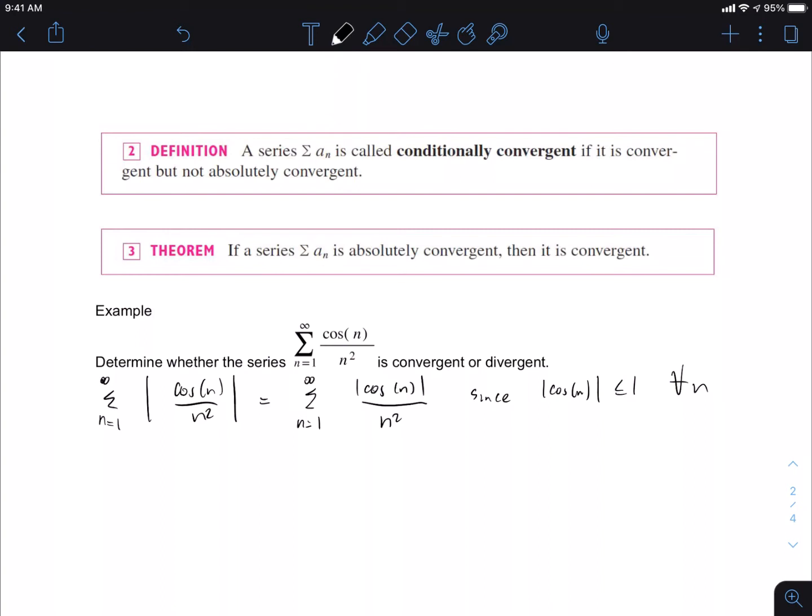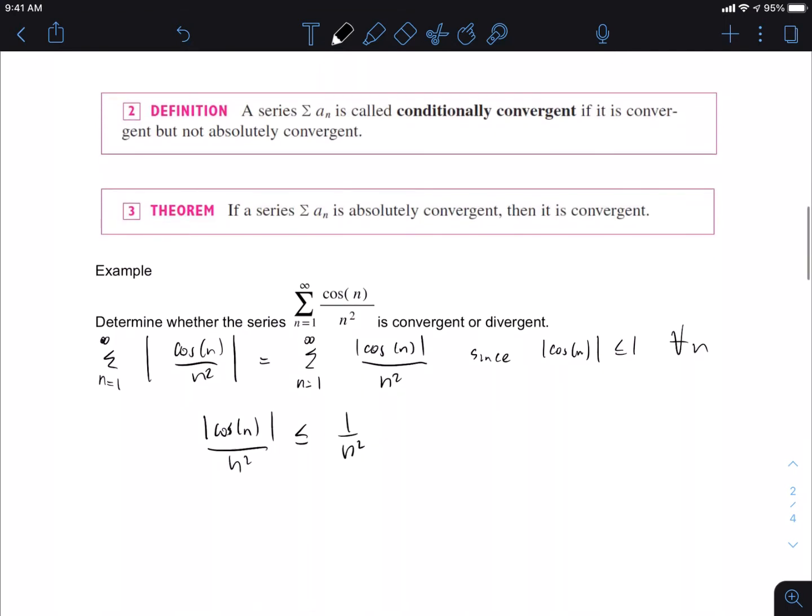And so I'm going to say, all right, cosine of n in absolute values over n squared is going to be less than or equal to 1 over n squared, correct? By using that reasoning that I just said to you.